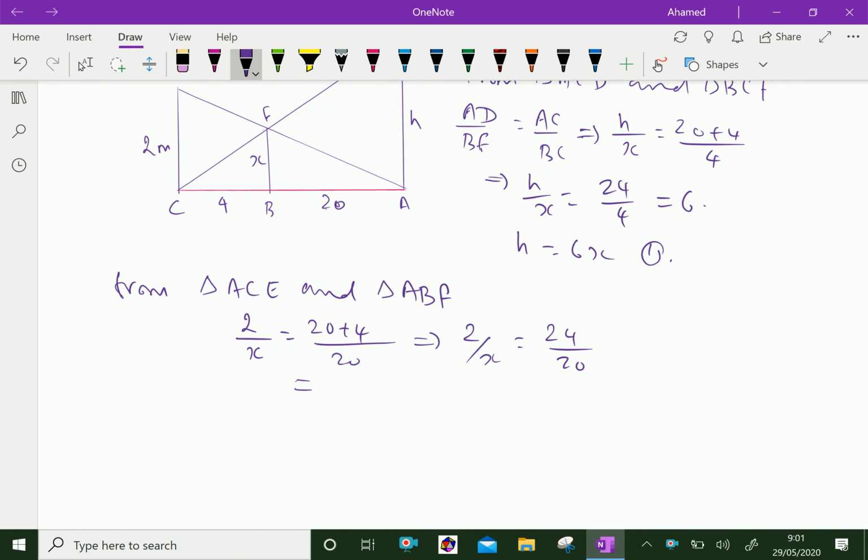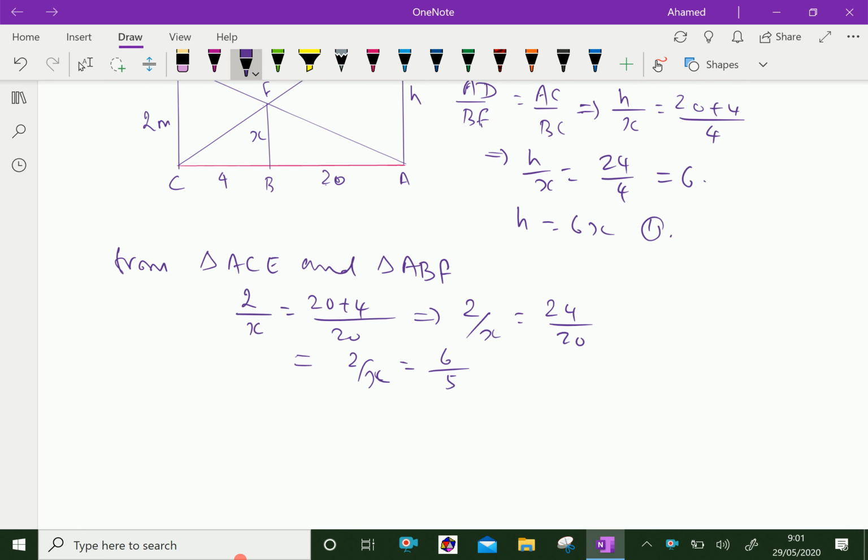Therefore, we can write 2 over x equal 24 over 20. 4 6s are 24 and 4 5s are 20, which gives the relation 6x equal 10.